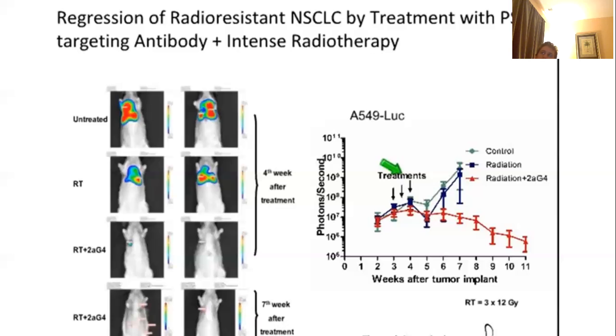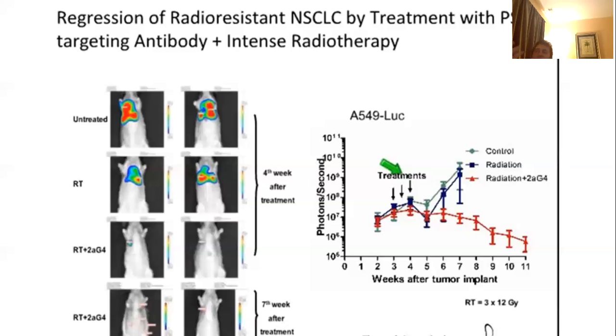It has to be integrative, not going to the oncologist and, okay, have a course of radiotherapy, here's a course of chemotherapy, and you're done. That's not the right approach anymore for managing cancer. And this is a good example to show how combination therapy is way more effective than monotherapy.